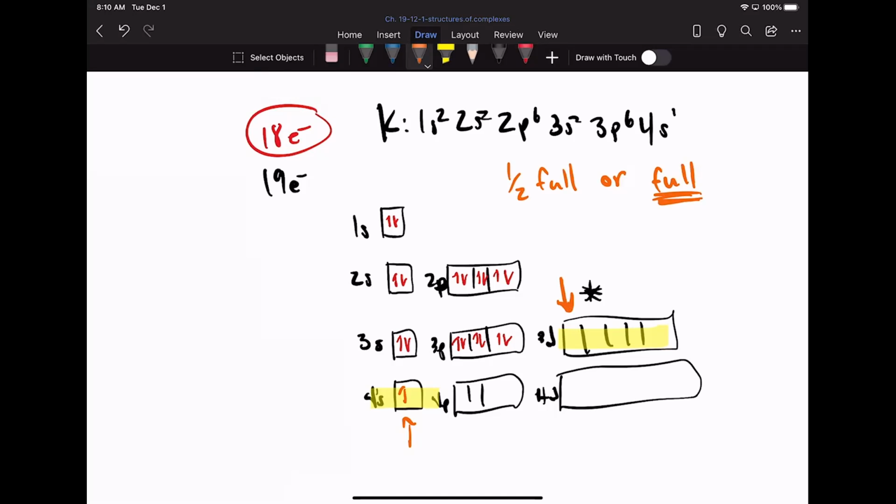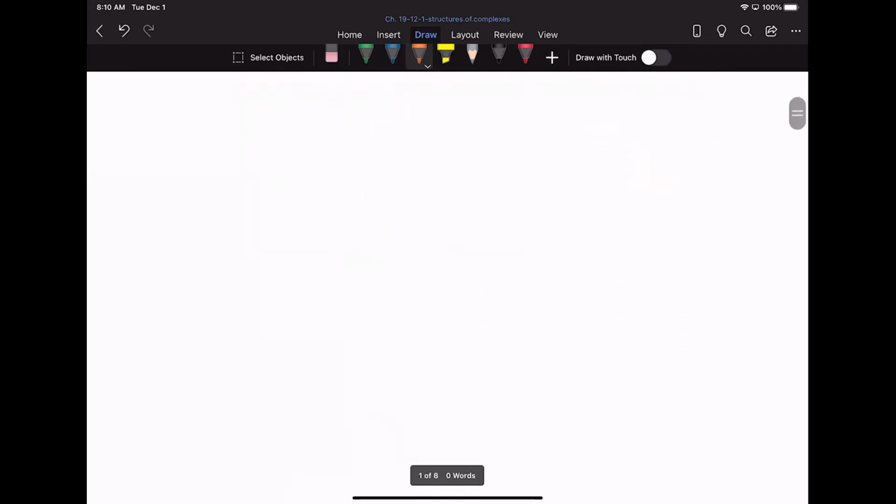But when we're filling up electrons, not removing them, we choose by the orbital best. Do I put it in the 4s or the 4d? That's chosen by making the orbital either half full or completely full. So I just wanted to make sure that we did cover that. And now we'll continue where we got to, structures of complexes.